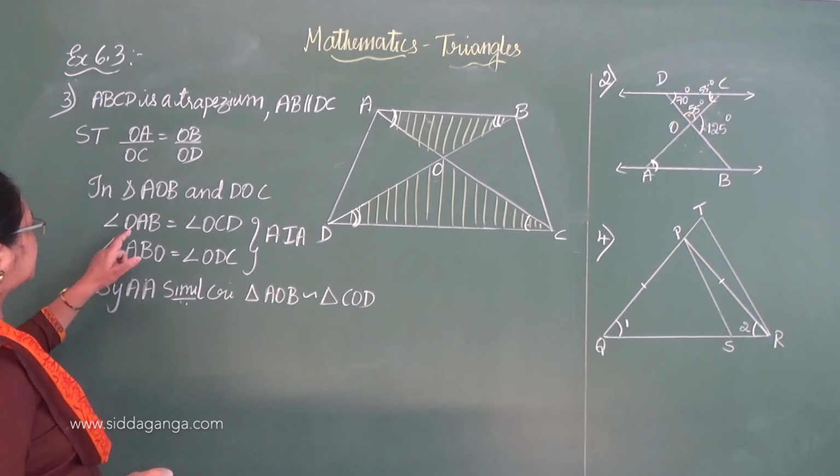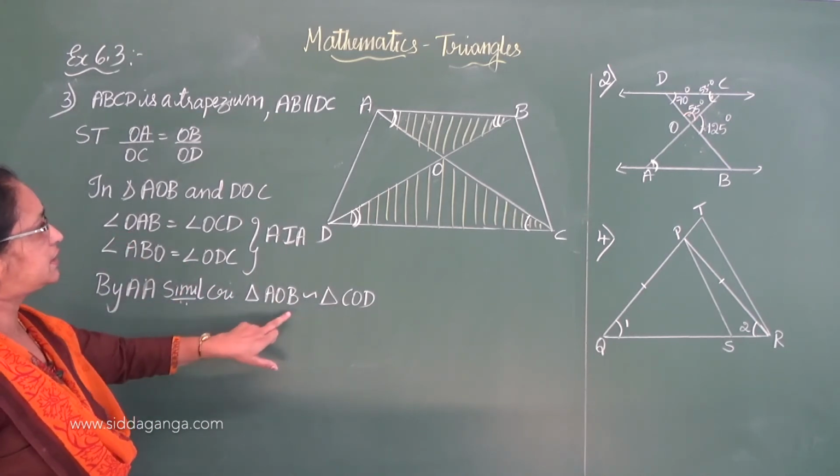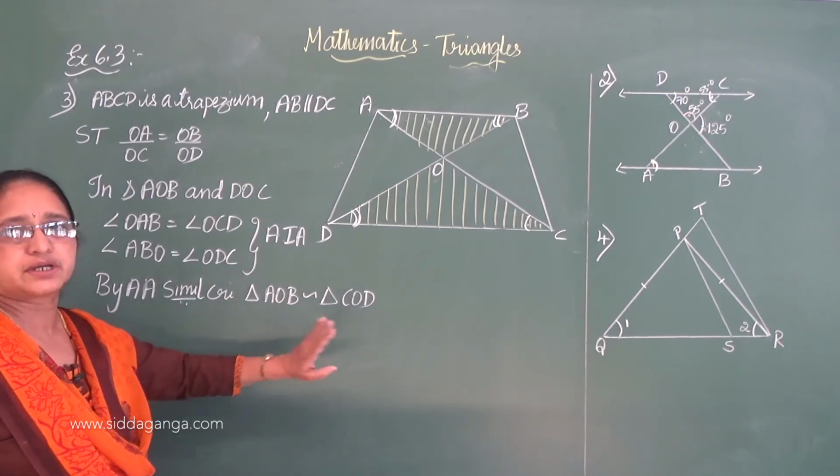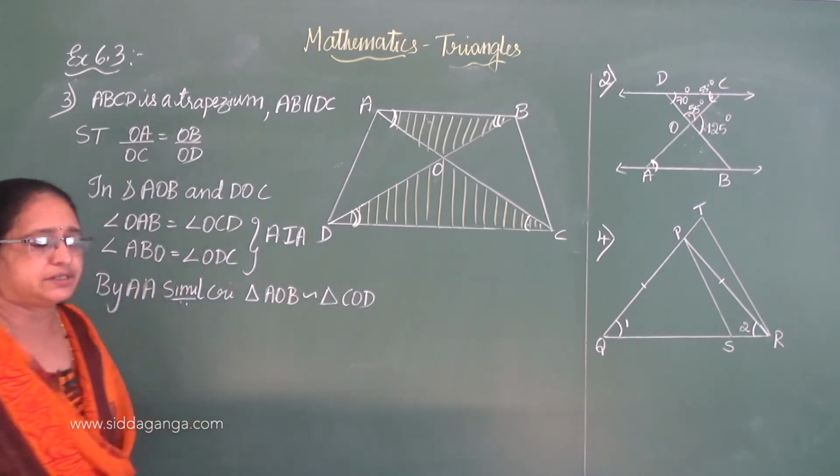Check whether it is correct. Angle A is equal to angle C and angle B is equal to angle D. Correct. So the sequence COD you have to write.